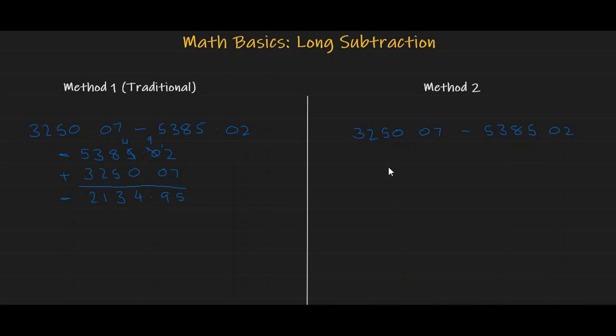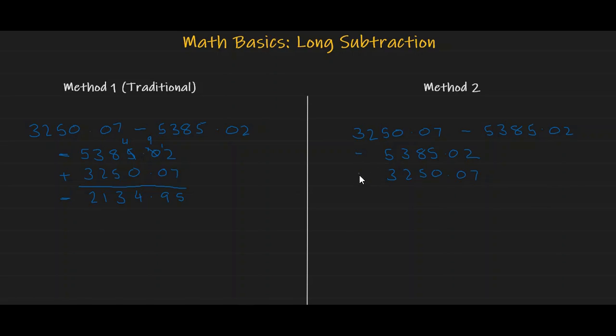Now let's look at method 2 for solving the same question. So write 5,385.02 and 3,250.07.